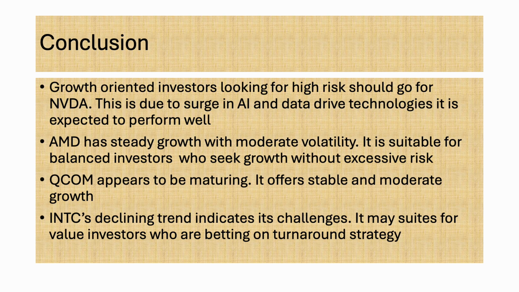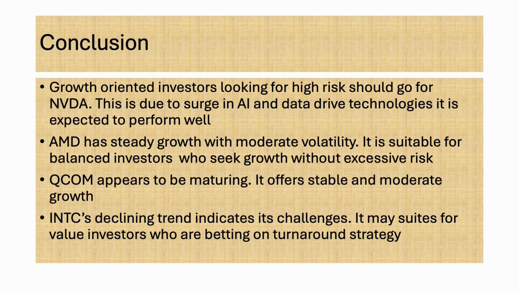So what do we conclude? We conclude that growth-oriented investors looking for high risk should go for NVIDIA, and this is due to the surge in AI and data-driven technologies that has been observed and where NVIDIA is specialized. AMD has steady growth with moderate volatility, and it is suitable for balanced investors, those who seek growth without excessive risk.